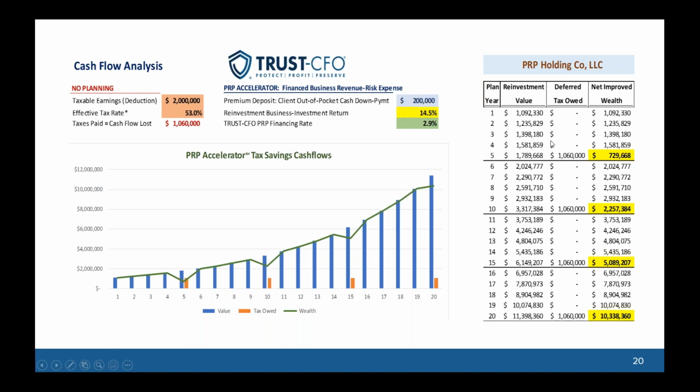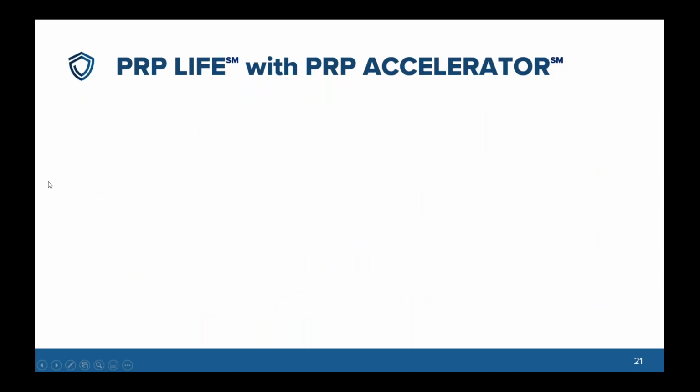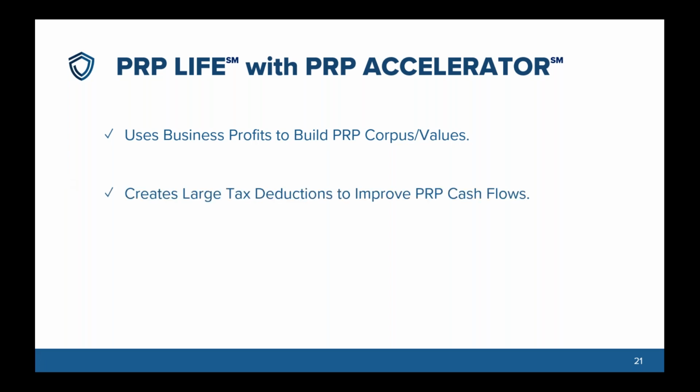What we're doing is saying, well, out of that $1,060,000, how much of that should go to fund a PRP life program? That's something we come up with, and we determine what the benefits need to be. So in recap, we're using business profits and the tax savings to build a PRP corpus and values.